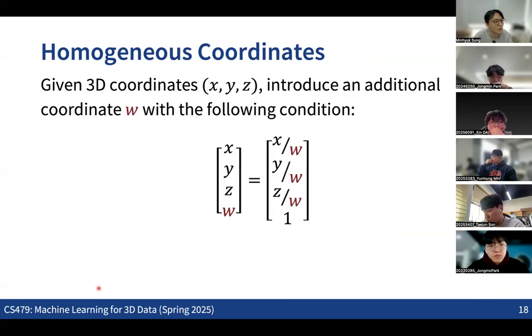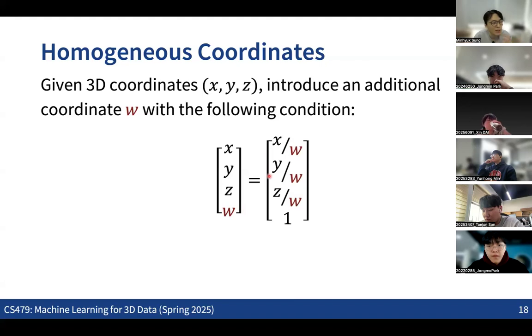The homogeneous coordinate system is nothing but, given any coordinates, for example 3D or 2D coordinates, whatever the dimension, we introduce an additional coordinate, with this kind of condition. With the additional dimension, we make a spatial relationship across the coordinates: when you divide or multiply the vector by any scalar, it becomes another identical coordinate.